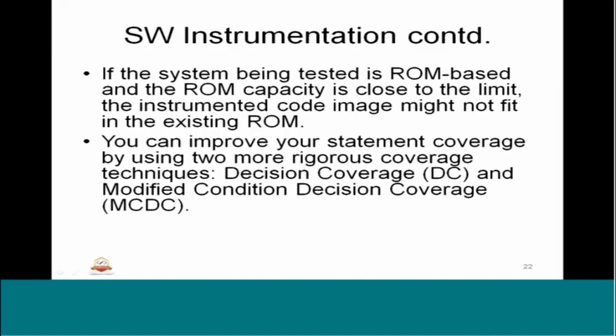So what we can do is reduce the functionality and test only pieces of the blocks, and do multiple iterations to cover it. We can also improve statement coverage by using two more rigorous coverage techniques: decision coverage and modified condition coverage as the next technique.